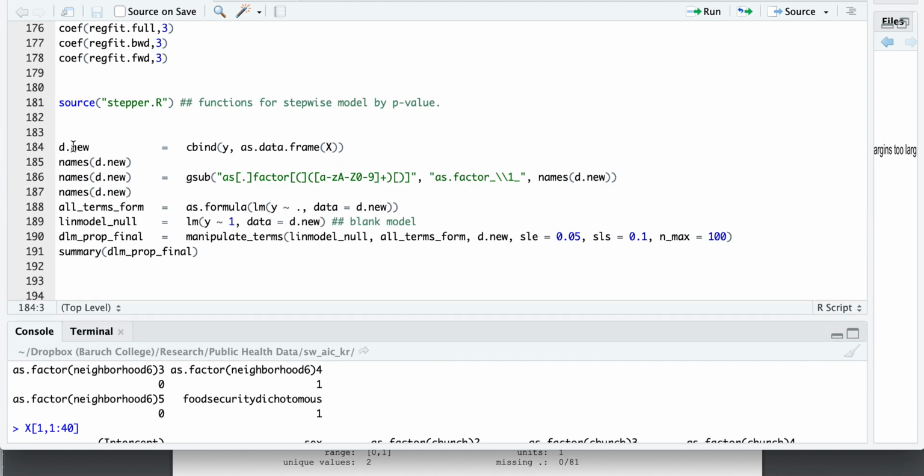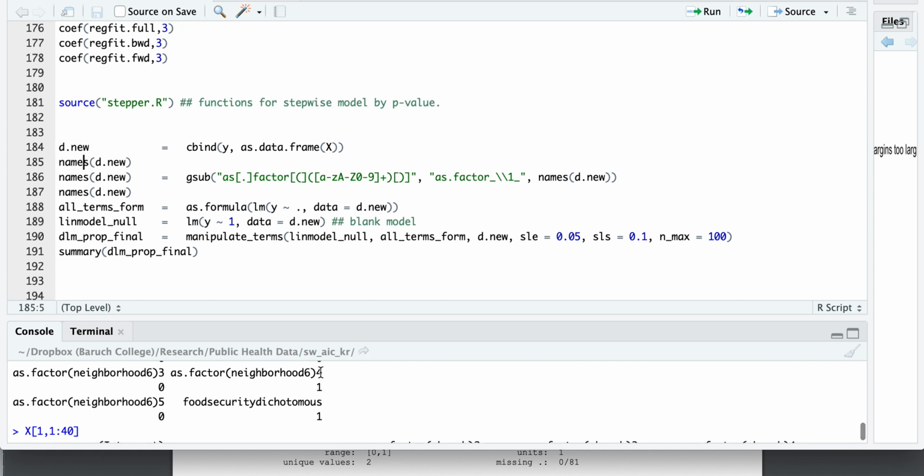We create a new data set. Now what we have here is as factor in parentheses as the name of the variable, and the stepper function cannot deal with it, so we have to change the names here. That's why we change the names as factor instead of the parentheses here. We put these.